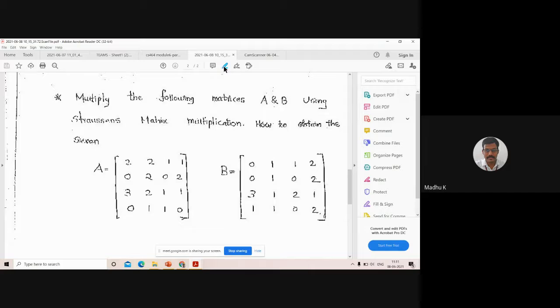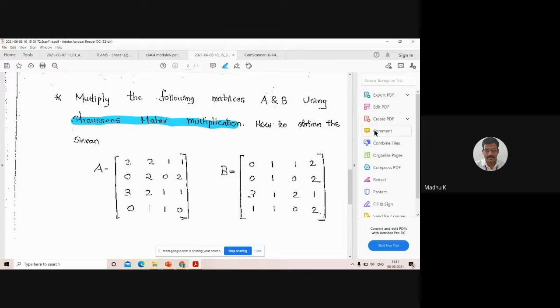Multiply the following matrices A and B using Strassen's matrix multiplication. You are given 2 matrices A and B of size 4 by 4.